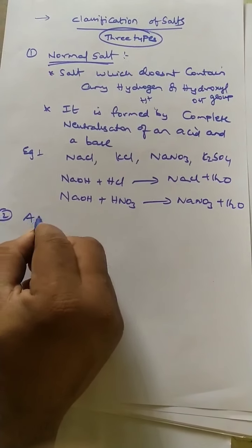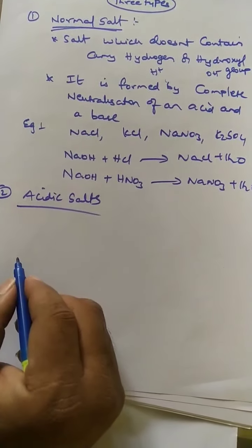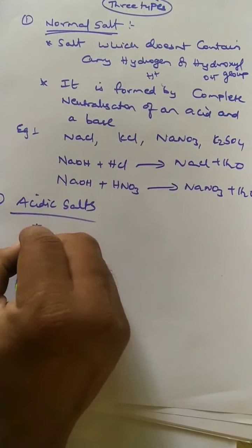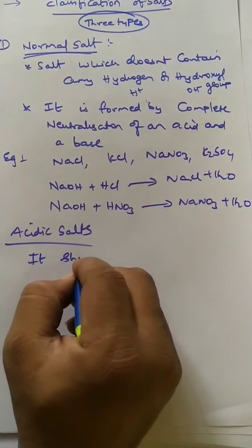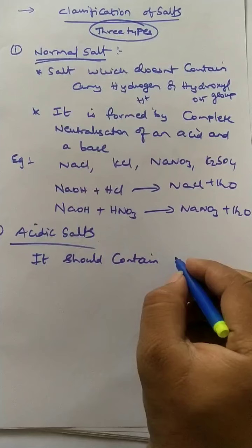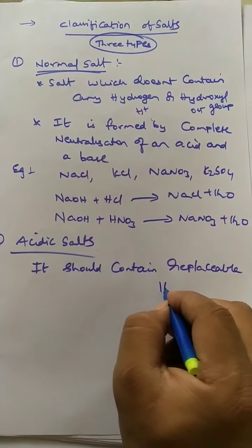Next, the second one, acidic salts. What are these acidic salts? When you call a salt an acidic salt, it should contain replaceable hydrogen atoms.